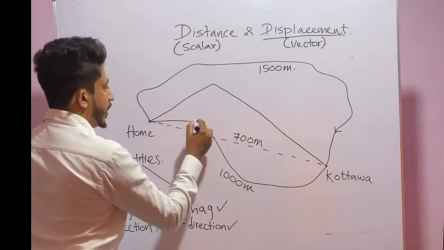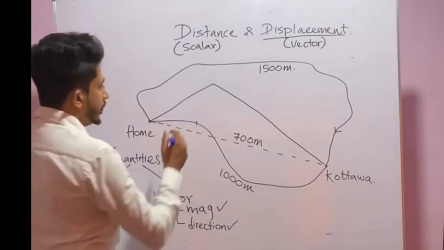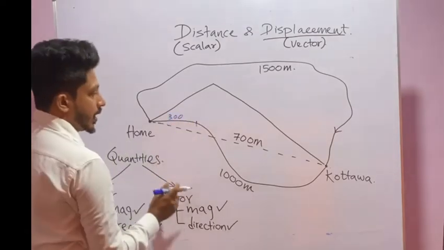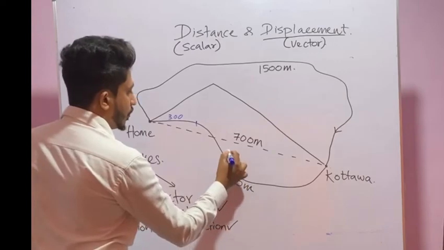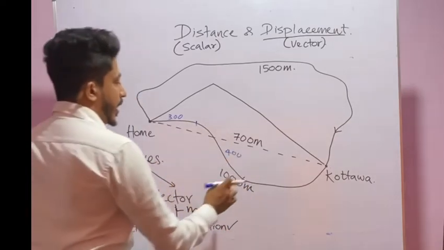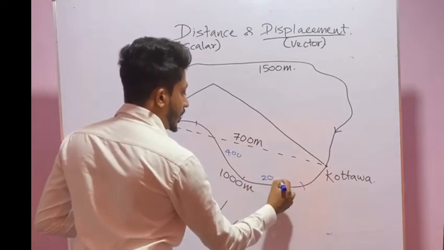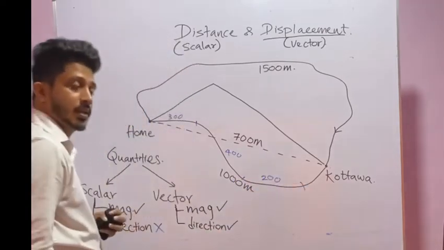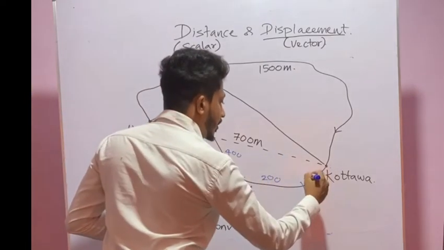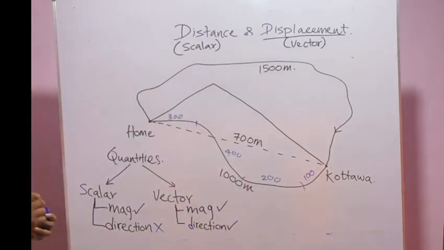Let's say we have 300 meters to this point, and we have 400 meters from this to this, and we have 200 meters from this to this point, and we have 100 meters from this point to this point.